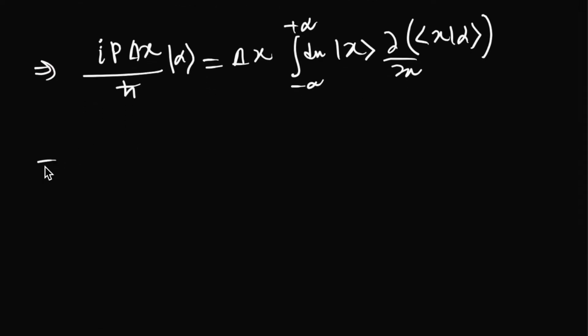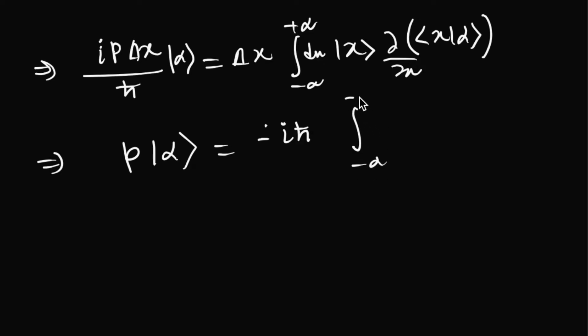Now this means the p operator on alpha will give minus i h cut integral dx |x> del x of <x|alpha>.